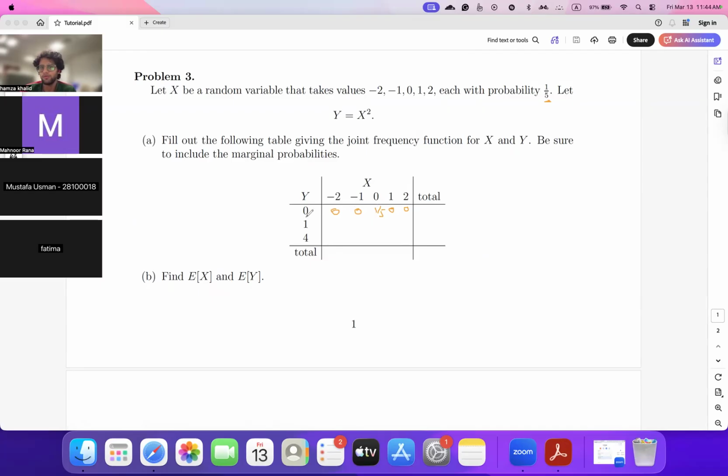For all the other values, you don't get Y equals 0. For the other one, you have -2, so that will be 0, 1 by 5, 0.